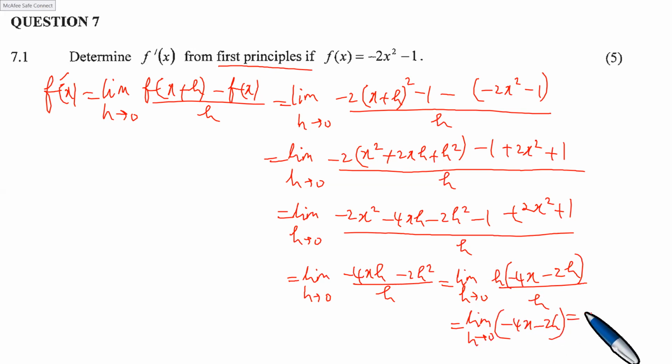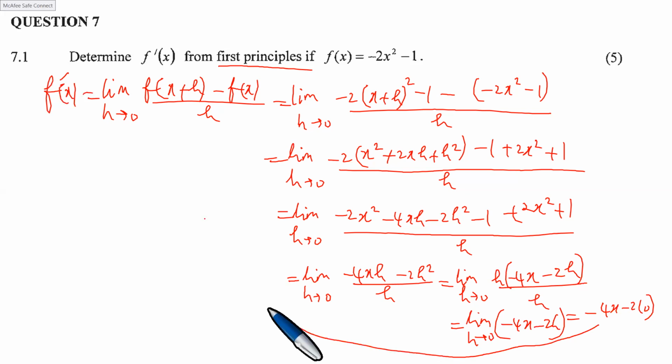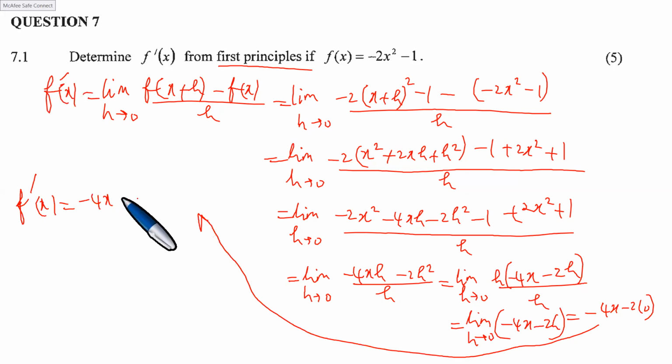As h tends to 0, it becomes minus 4x minus 2 times 0. So you continue and you write the final answer here, which means f prime of x is the same as minus 4x minus 0. And therefore the answer is f prime is minus 4x. Okay. We have this one here.